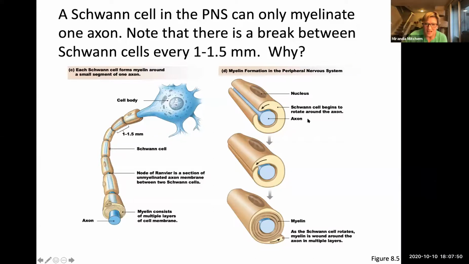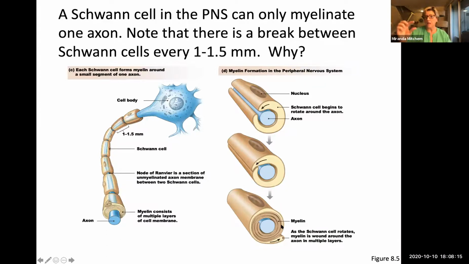Okay, so looking at how that happens, the axon is in blue, and we can see one Schwann cell here with its nucleus, and it wraps it like if you've ever made a jelly roll, it's the same process. We're wrapping and wrapping and winding that myelin around until it becomes several layers thick.